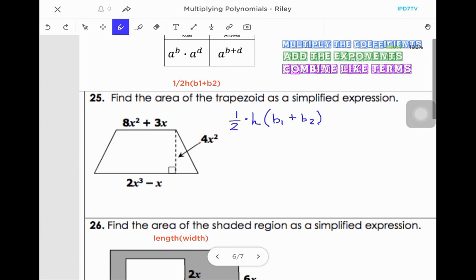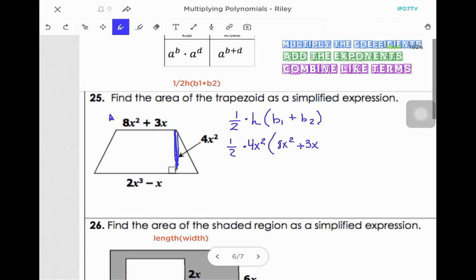Okay, so let's put what we got in there. So we have half times our height. Well, here's our height right here. So that looks like 4x squared times base 1. So that can be this top one. So we have 8x squared plus 3x.